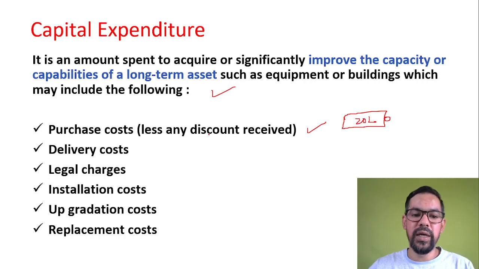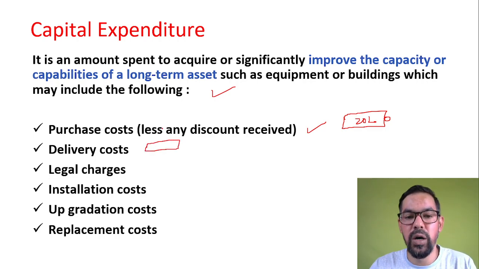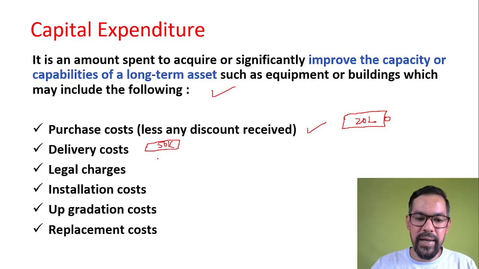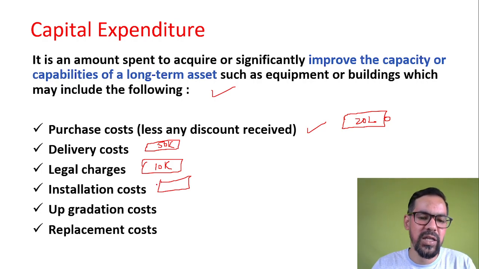The delivery cost to your company outlet, suppose it was 50,000, and legal charges, taxes, registration and all, suppose it is 10,000. Installation, in case of a truck we don't have any installation charges. Upgradation charges we don't have.